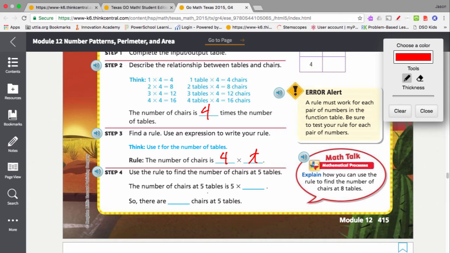If T is 5, then 5 times 4, because we know there are 4 chairs at every table, and that means that there are 20 chairs at 5 tables.